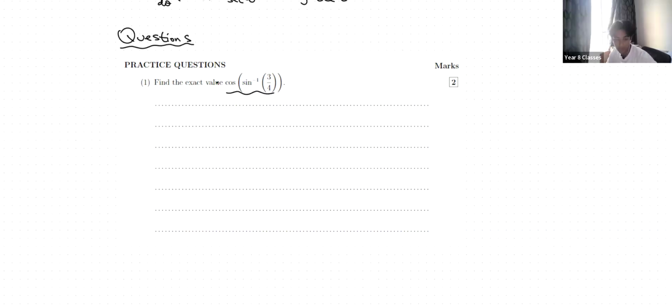Okay, so first things first is we want to decompose what's inside of this cos. So the sine inverse of 3 on 4. One way we can do that is, you know that sine is opposite over hypotenuse. Therefore, 3 is going to be opposite, your hypotenuse is going to be 4.